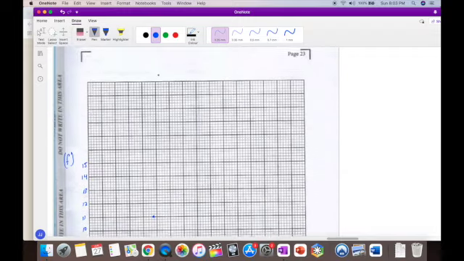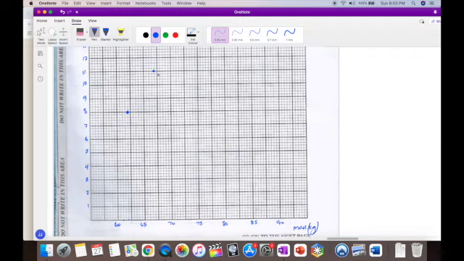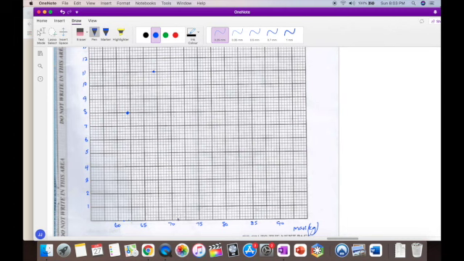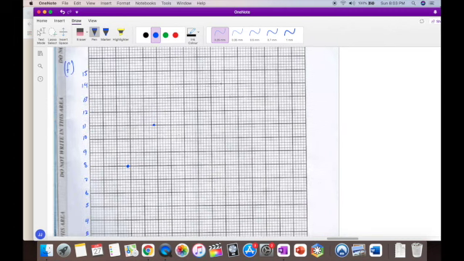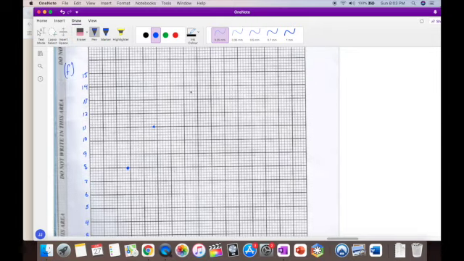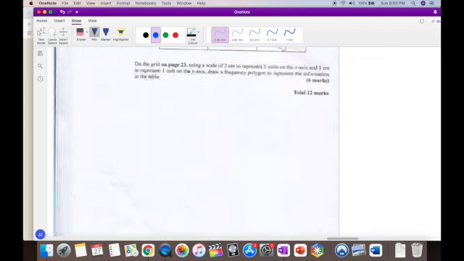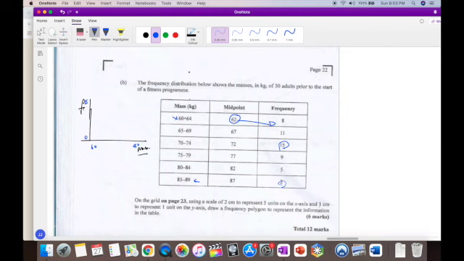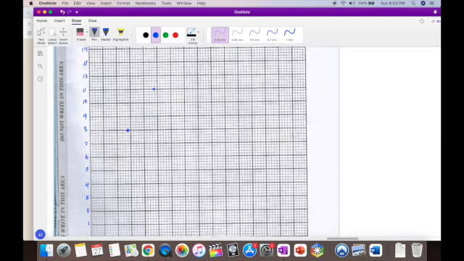72 goes to 15. So 70, 71, 72. Where is 72? 72 is there. Going to 15 will be about here. 77 going to 9.